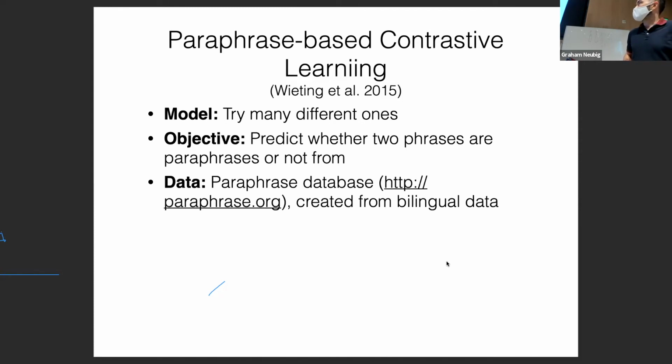I think this is a really useful idea for learning actual paraphrases, because if you think about most of the other objectives that we've talked about so far, you wouldn't have a really strong motivation to distinguish between, for example, named entities.